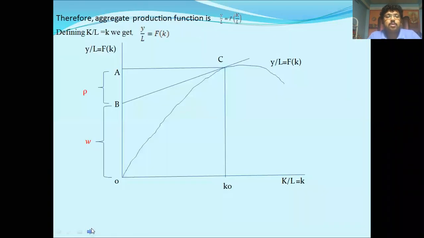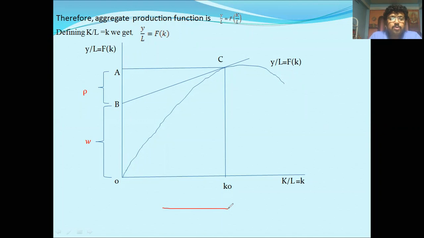Now the aggregate production function is diagrammatically represented. Along the vertical axis, we measure the output or income per head, and along the horizontal axis, we measure the capital labor ratio.